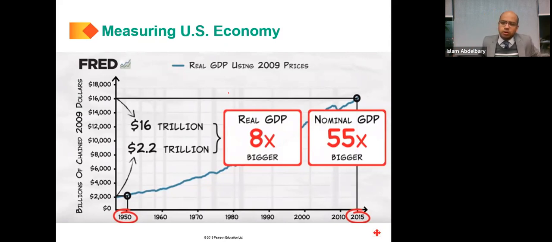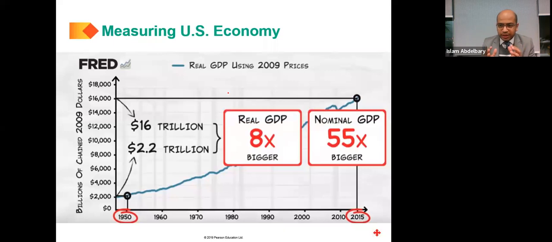The ultimate goal of economics is people. So the size of the economy for the US increased 8 times. Did this reflect on the standard of living of people?